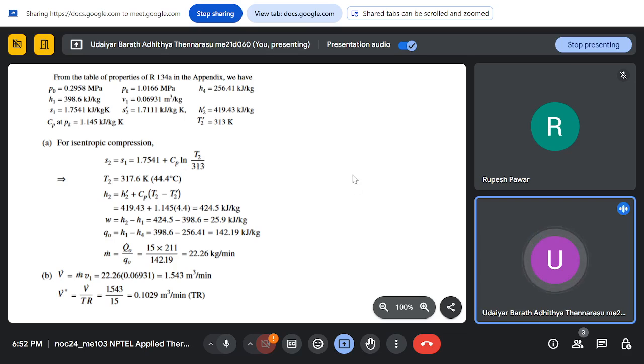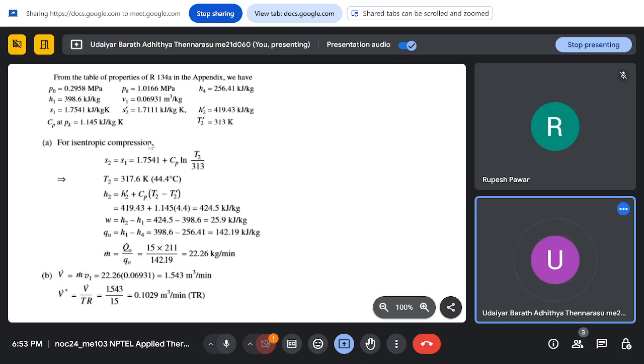If you do an entropy balance, it will be the entropy in plus the entropy change because of the temperature change, so Cp ln T2 by 313. This will give you T2 as 317.6 Kelvin or 44.4 degrees Celsius.